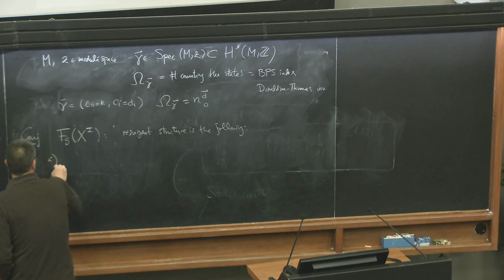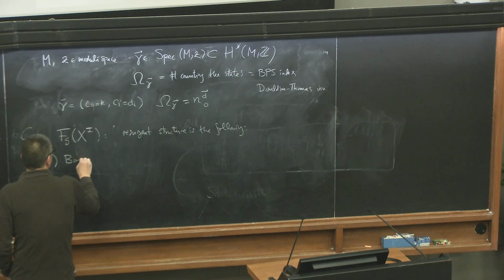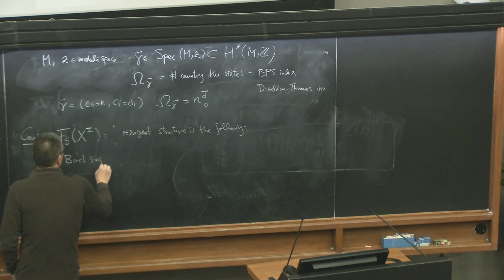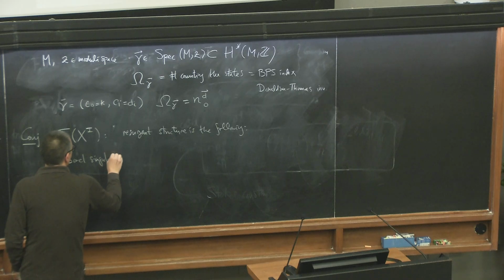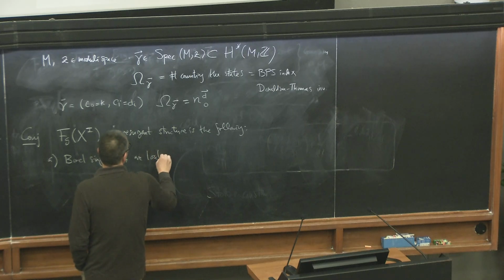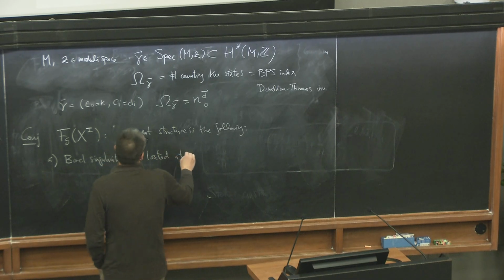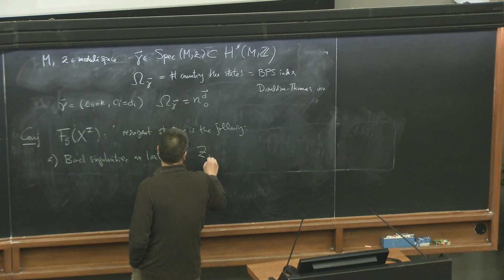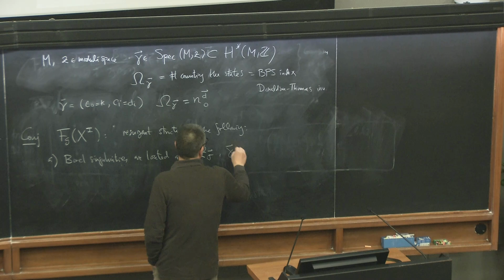So first of all, Borel singularities are located at Z_gamma, where gamma is in the spectrum.